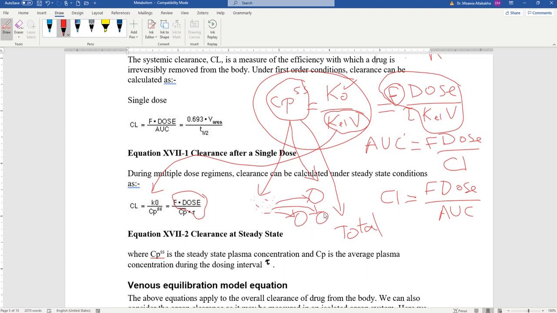We are talking about the total concentration. And this is obvious because when we take blood samples and analyze the drug, usually the analysis doesn't differentiate between the free drug and the bound drug. The analysis that we carry out usually, that's why it talks about the whole thing.